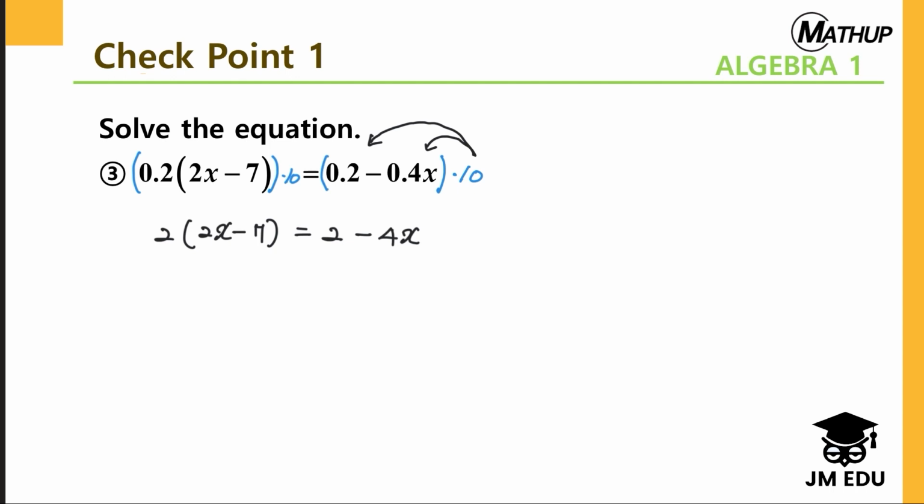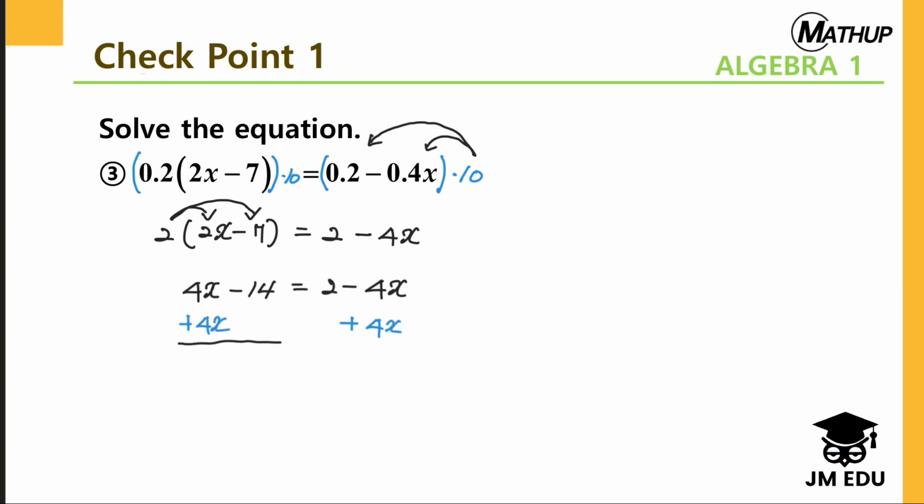So eliminate parentheses on the left-hand side. So 2 times 2x, 4x. 2 times minus 7, minus 14 is equal to 2 minus 4x. Now eliminate minus 4x on the right-hand side, plus 4x, plus 4x.